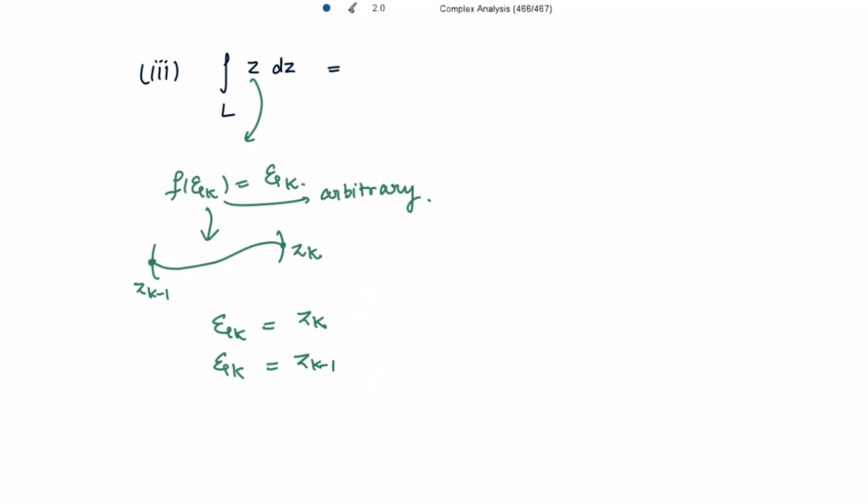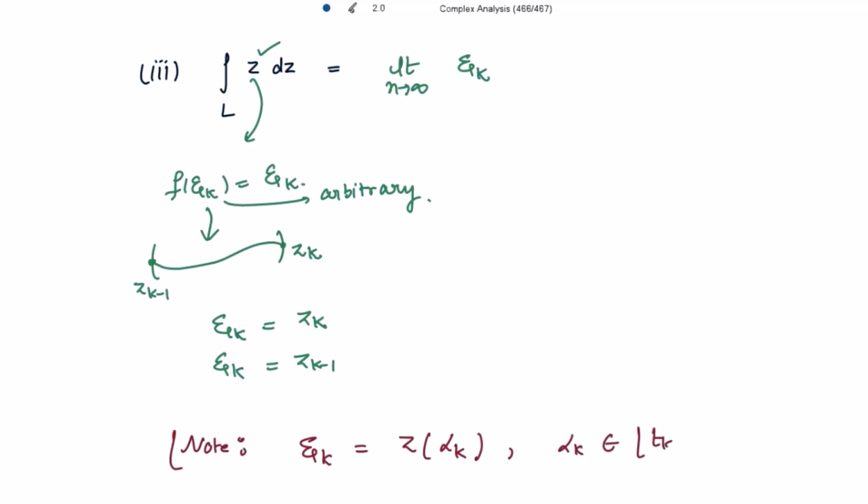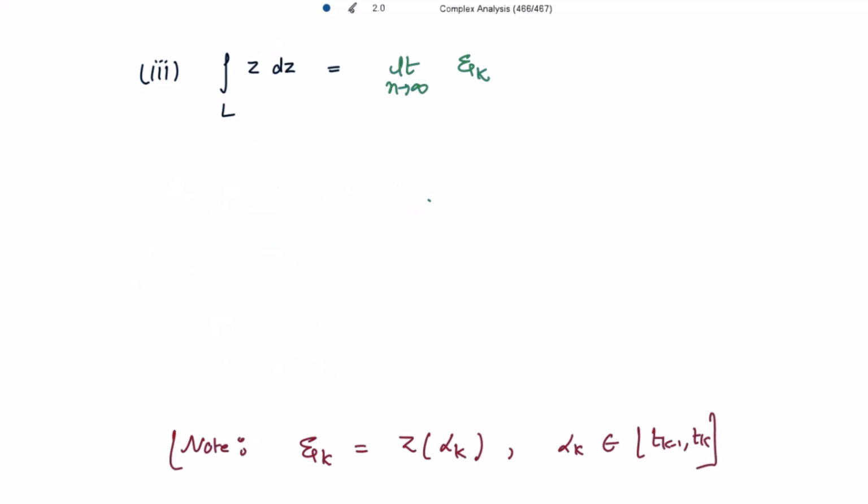So writing this, it is the limit n tends to infinity, f of xi k is xi k, z is represented as xi k. Please note that xi k is nothing but the value of z at the point alpha k, where this alpha k belongs to the interval tk minus 1 to tk, and tk minus 1 are the points on which z is depending.